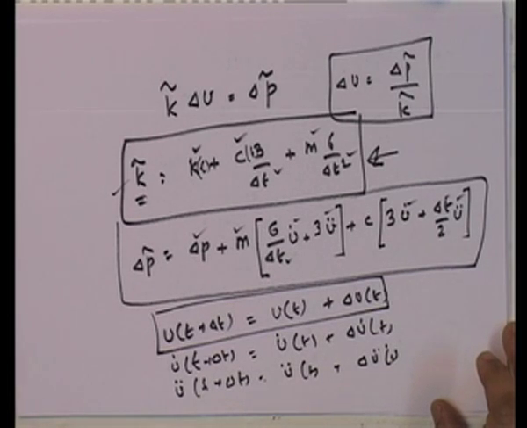Every time you find delta v, you find the next v, find what k is, and for the next step you use that k, and so you can converge to a solution. Of course, when you have nonlinearity, your delta t becomes much smaller, because if your delta v is too large, then you might have stability problems.